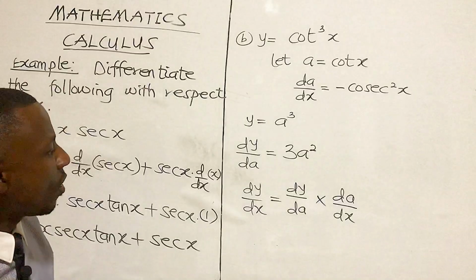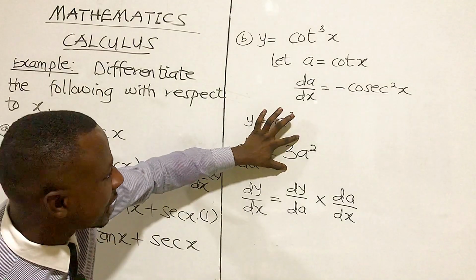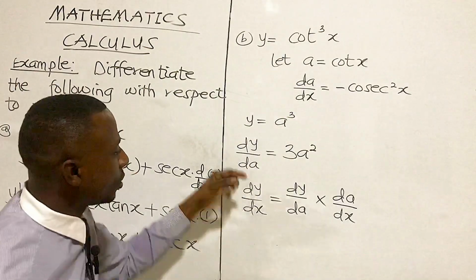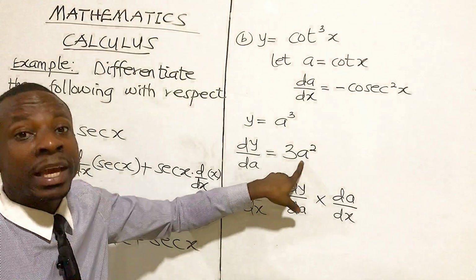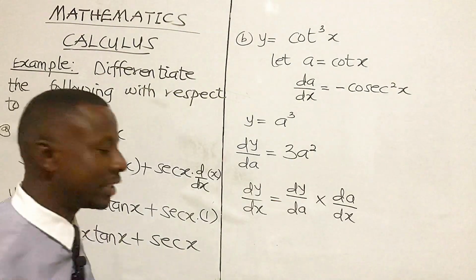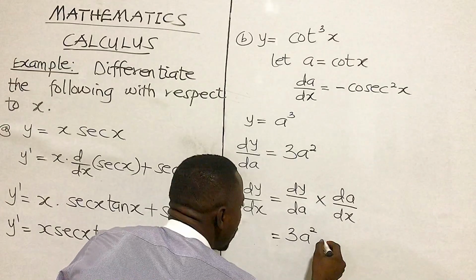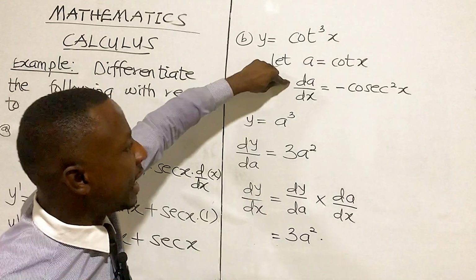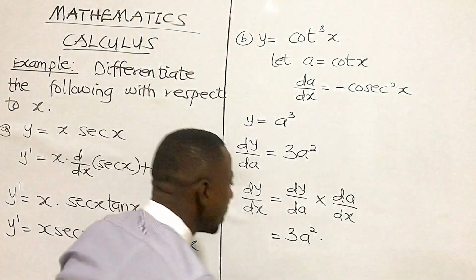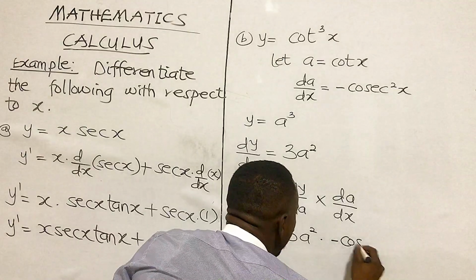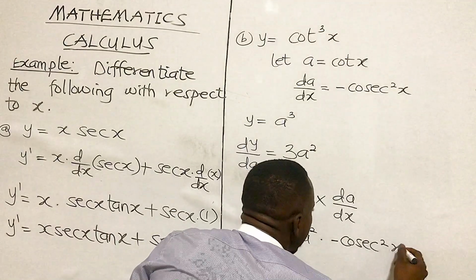So from here, we are going to multiply this and this. So dy over da is 3a squared. So we are going to make a substitution. We have 3a squared multiplying da over dx, which is negative cosec squared x.